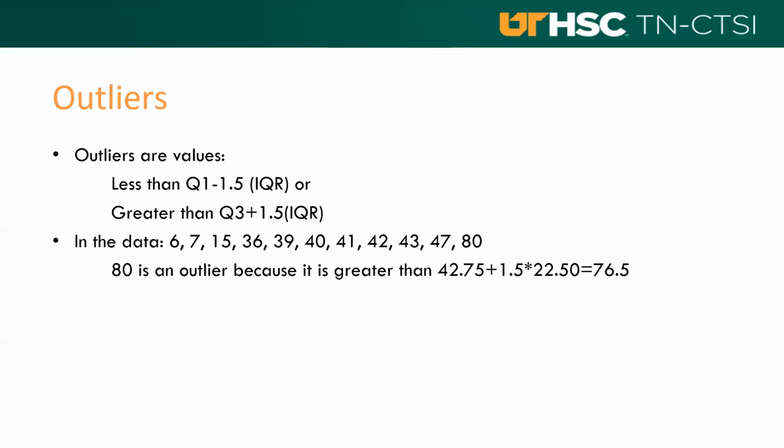If we calculate, the third quartile is 42.75, and the interquartile range is 22.5, and 80 is greater than this value. The value is greater than Q3 plus 1.5 times the interquartile range. In this case, if we observe such a value, we say 80 is an outlier. So if it doesn't give any meaning for the data, if it is invalid, we might want to remove that data, or we might change how we analyze the data.